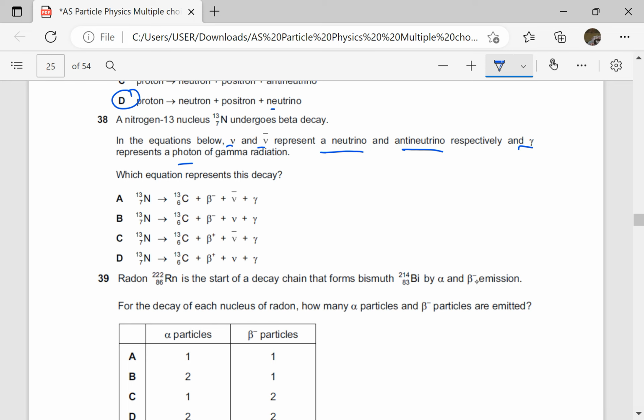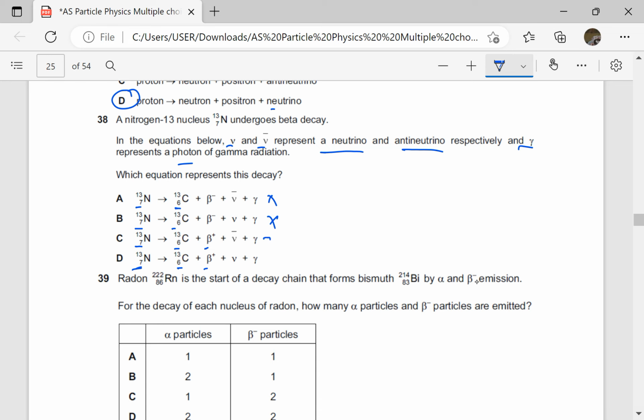First of all, let's check if our proton number is conserved all through. This side is 7, and this side it is not conserved because this is 6 plus -1, which is 5. This is wrong. This one is 7, 6 plus 1, that one is conserved. This is also 7, 6 plus 1, that is conserved.